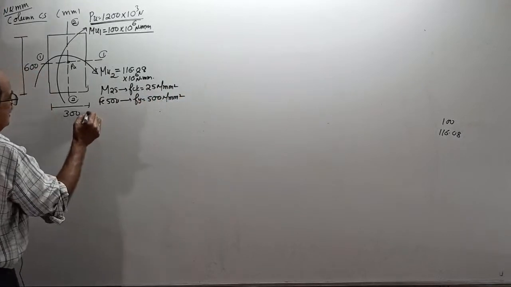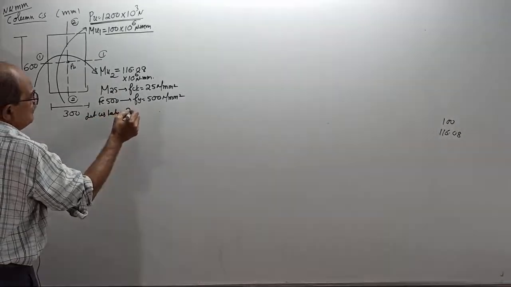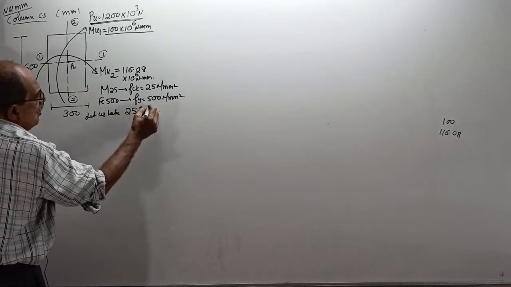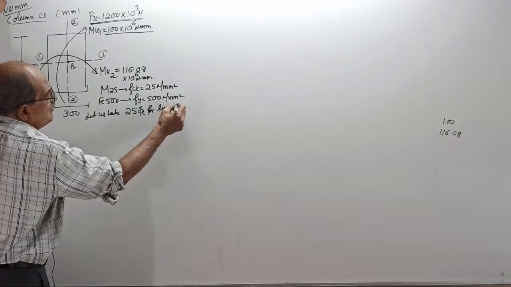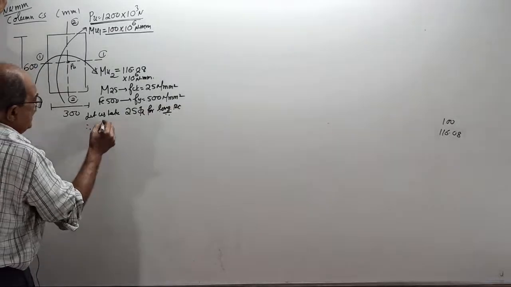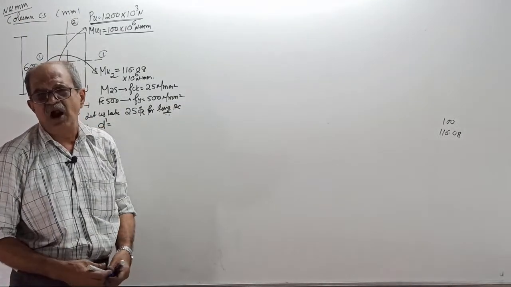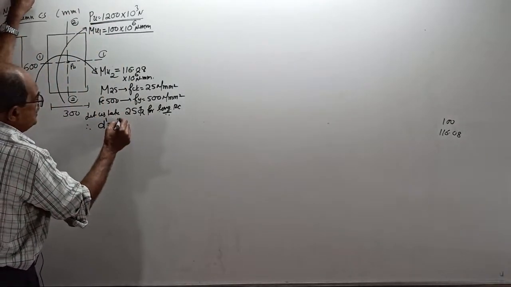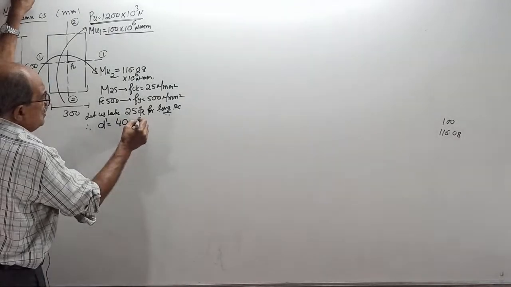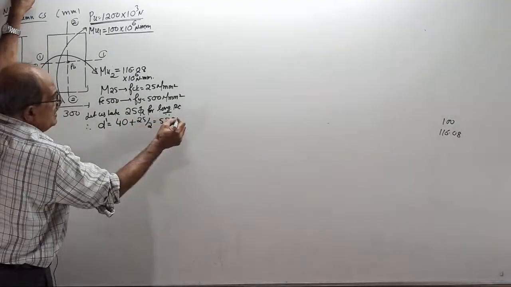And also let us take 25 mm bars for longitudinal reinforcement. Therefore D dash. Now I am not telling what is D dash. If it is not clear, leave it, don't come to my class. Effective cover equals 40 clear cover plus 25 by 2, equals 52.5 millimeter.